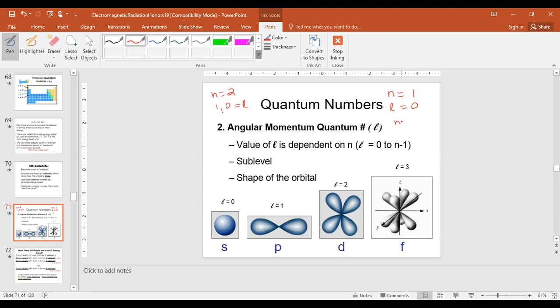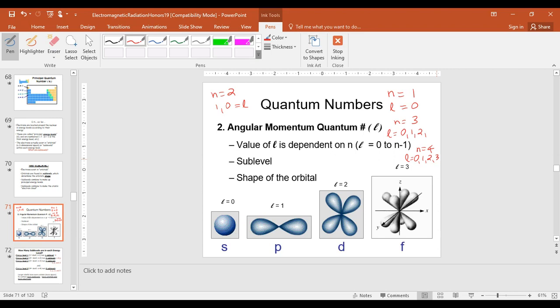When N is equal to 3, L is going to equal 0, 1, and 2. And when N is equal to 4, L is going to equal 0, 1, 2, and 3. So L is going to equal 0 all the way up to N minus 1.